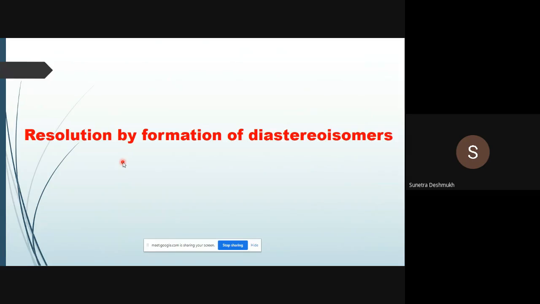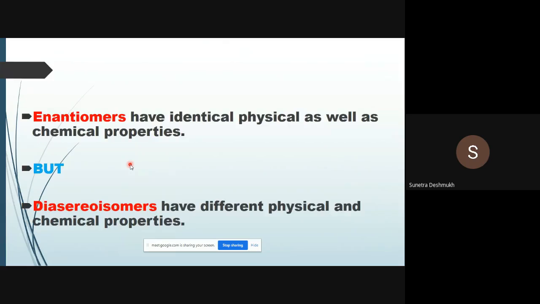Out of those, now we will go for the resolution by formation of diastereomers, that is, the chemical method of resolution. So why do we go for diastereomers? As we know, enantiomers have identical physical as well as chemical properties. But diastereomers have somewhat different physical as well as chemical properties.